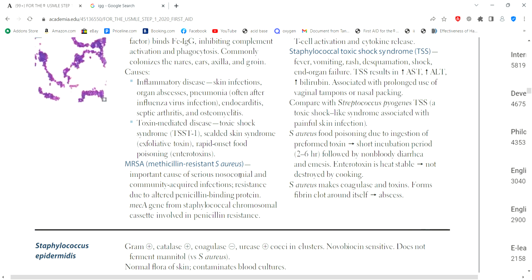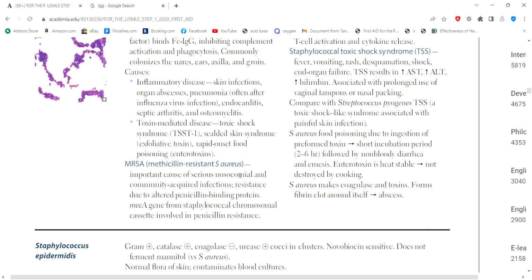Next we have TSST-1, a superantigen that binds to MHC II and the T cell receptor, resulting in polyclonal T cell activation and cytokine release. What this means is that superantigens can overactivate T cells without even needing the APC cells.